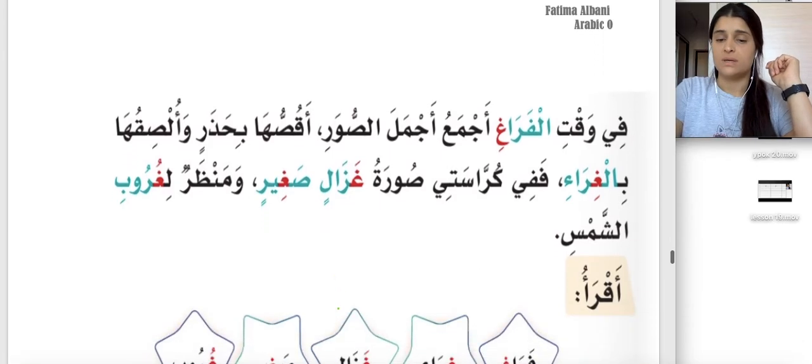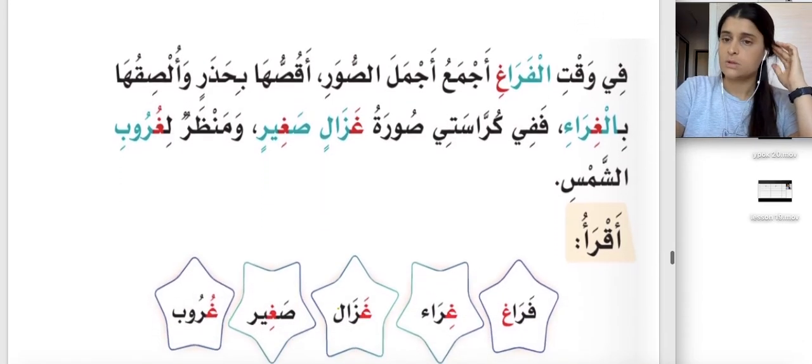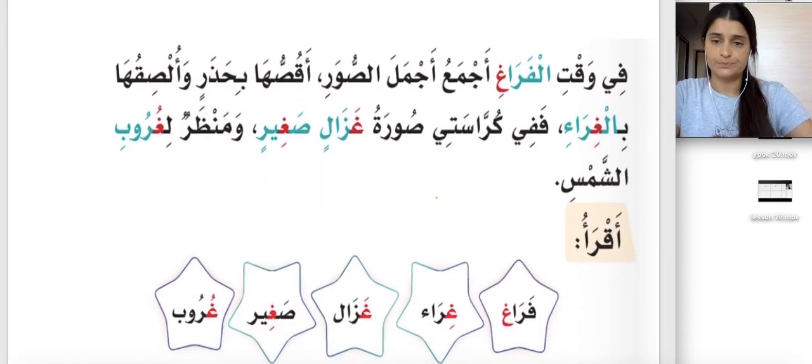And now we're going to read this text together. It's a small text. We'll translate it. Okay, let's start. Fi, it means in, waqt, time, al-faragh, free time. So in the free time, ajma'u, I collect. Ajmala, the most beautiful. As-suwari, the most beautiful pictures.